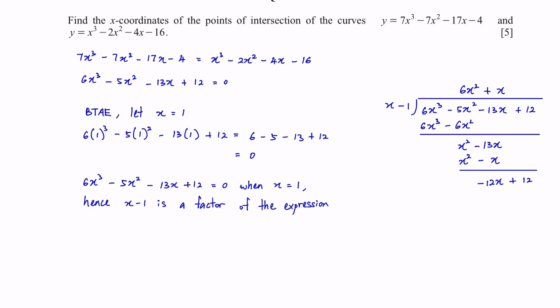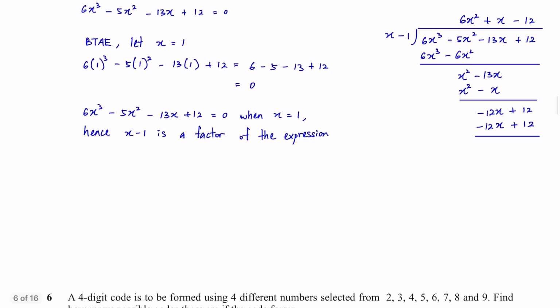And this term times x should give us negative 12x. That means we need a negative 12 here. So negative 12x plus 12. So we found the other factor of this expression.